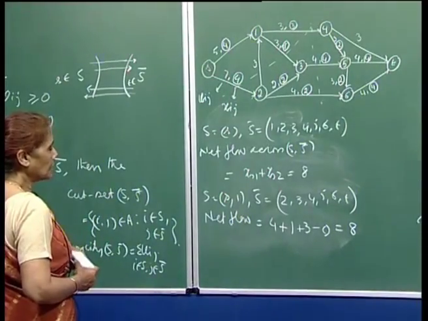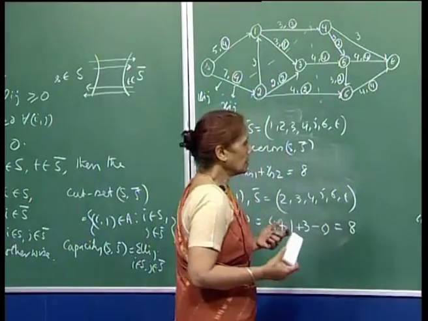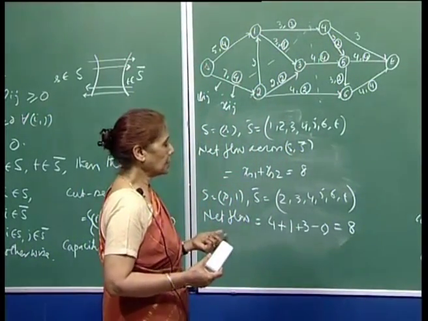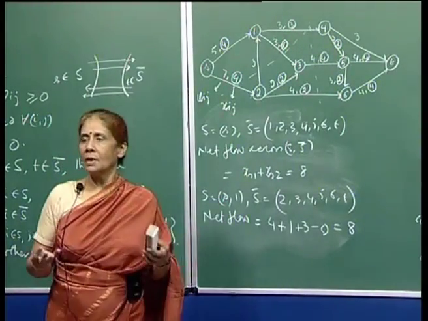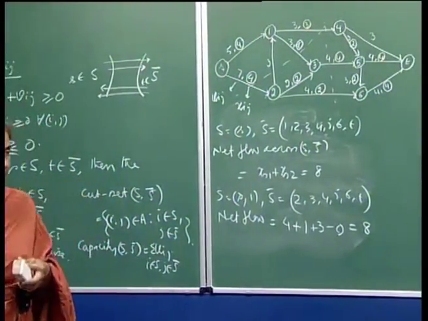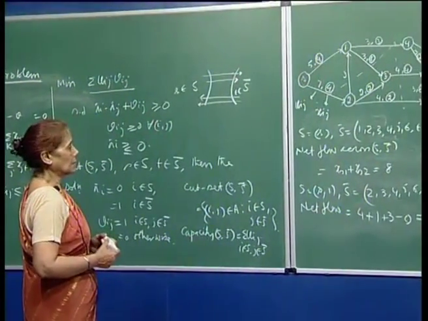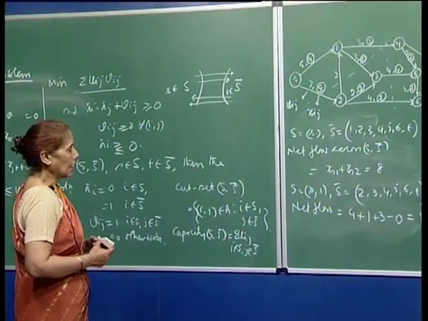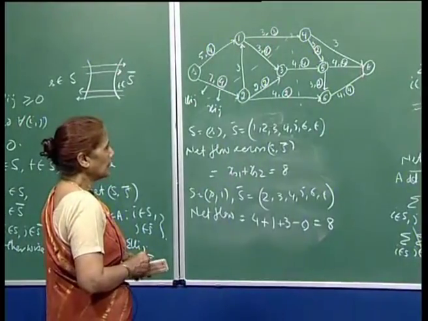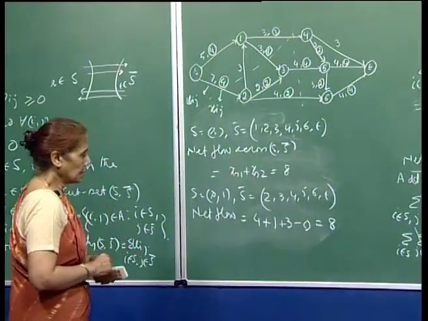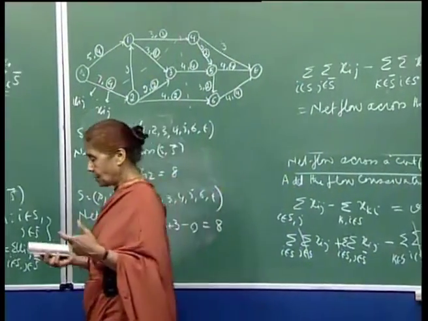And now, I have already said what the min cut max flow theorem would be, but let's write it out and we can prove it in a nice way, because by now I would say you have a strong background of the LPP theory. So let us now write down the max flow min cut theorem, prove it, and then we'll try to come up with an algorithm. I already gave you the interpretation of the primal dual algorithm.